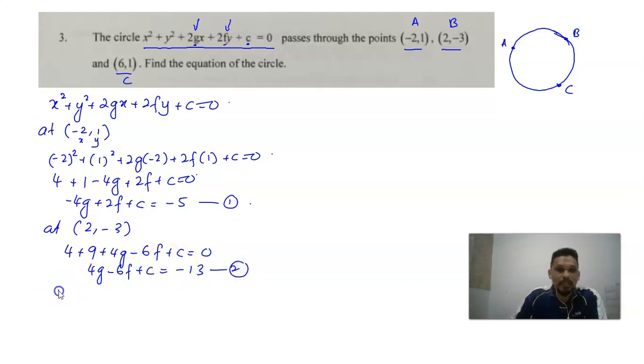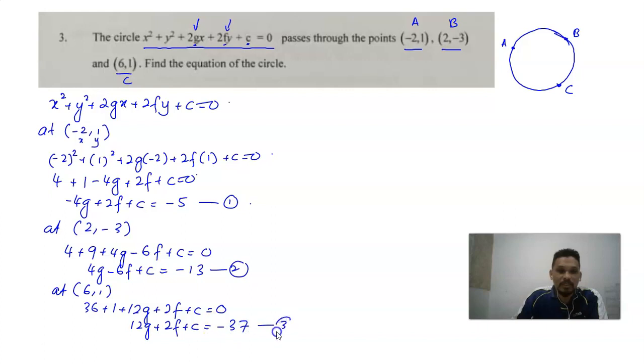Equation 2. At the point (6, 1), substitute here: 6 squared equals 36 plus 1 squared is 1, 2 times 6 equals 12g, and 2 times 1 equals 2f, plus c equal to 0. Then 12g plus 2f plus c equal to 36 plus 1, which is 37, and moving it over becomes negative 37. Equation 3.